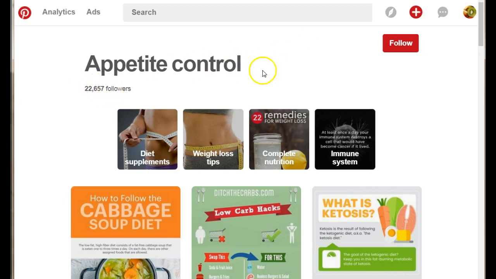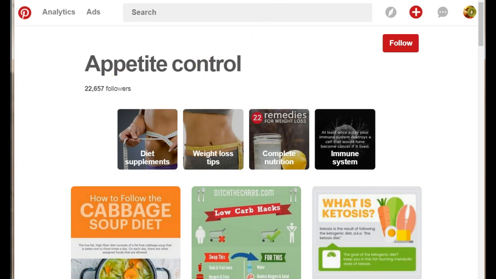So when I created the board and added some pins, all of these people who follow this particular subject or category or topic, my pins get shown to them, even if they do not follow me. So I already showed you my Pinterest account, and I already showed you the proof of my viewers and the amount of engagement I'm getting on my pins.